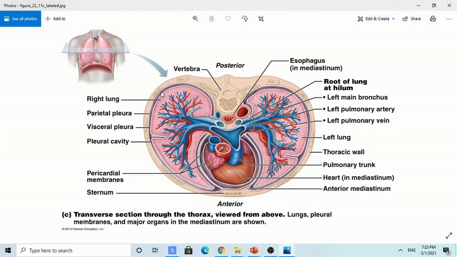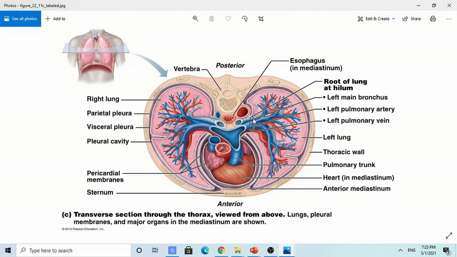In between them, the pleural cavity. This cavity has a role in our breathing. By the way, what you can see here are the two secondary bronchi, and this is the pulmonary trunk and the two pulmonary arteries, right and left, branching out.